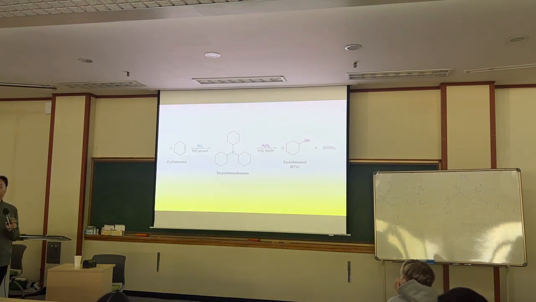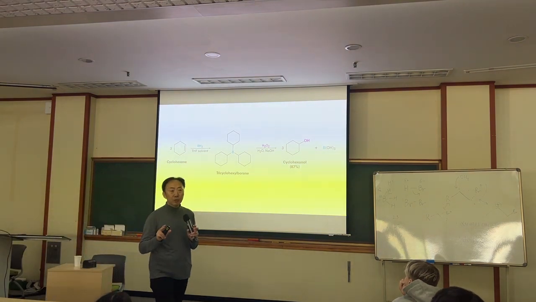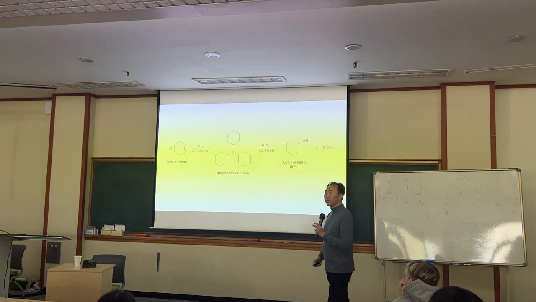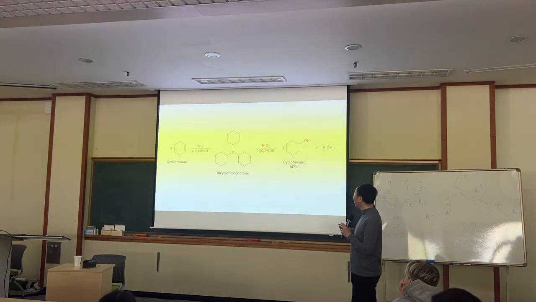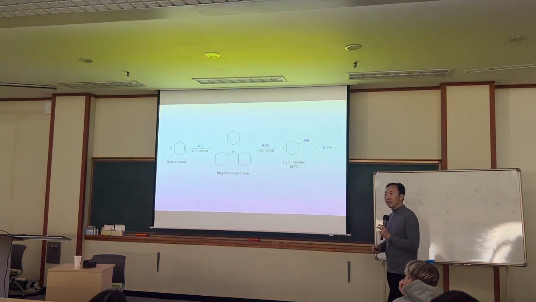One BH3 has 3 hydrides. That's why it can react with 3 double bonds. So this is the intermediate. Then if you add an oxidizing reagent, it inserts oxygen here, here, here. Then the product is hydroxy cyclohexane.